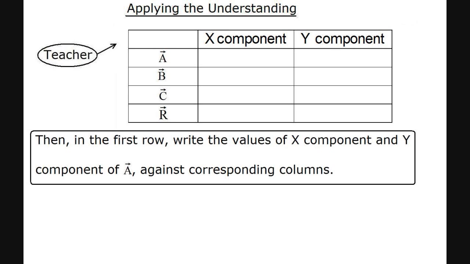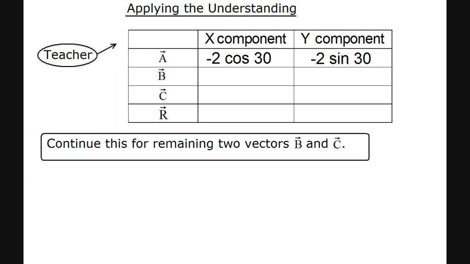Then, in the first row, write the values of the x component and y component of A bar against the corresponding columns: minus 2 cos 30, minus 2 sin 30. Continue this for the remaining 2 vectors, B bar and C bar: 2 sin 30, minus 2 cos 30, minus 5 sin 30, 5 cos 30.